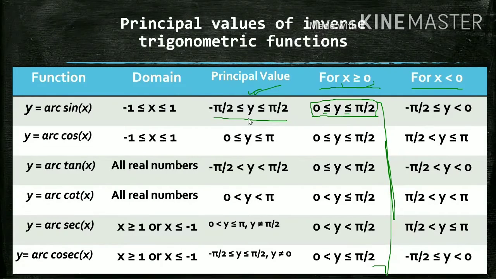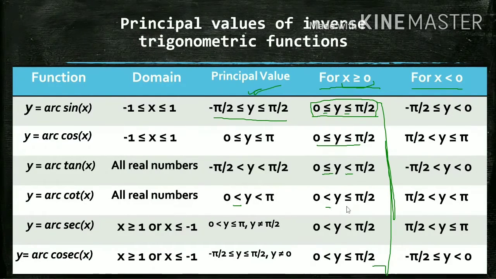For example, in this principal value 0 and pi by 2 are included, so the less than or equal to sign comes. In this also 0 and pi by 2 are included, so equality comes. But in this, 0 is included but pi by 2 is not, so less than or equal to is here, but strictly less than is over here. Similarly, 0 is not included but pi by 2 is included in the middle.